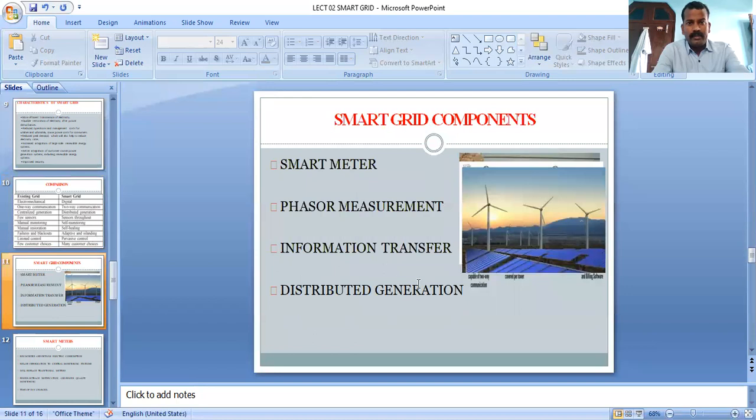Now, smart grid components. These are the components which make the smart grid possible. The first one is the smart meter, which takes readings of power, voltage, energy, currents, and frequency. Then phasor measurement, information transfer, and distributed generation.